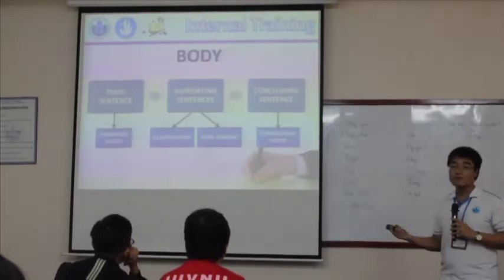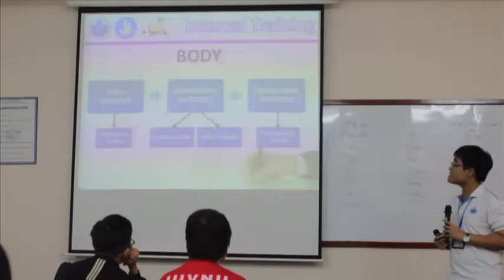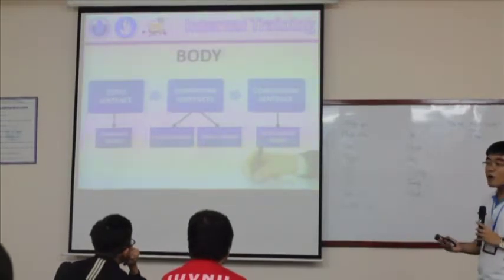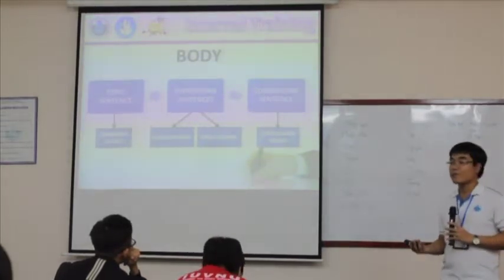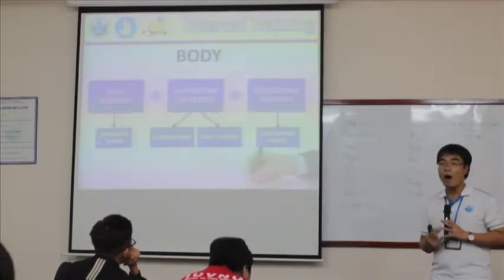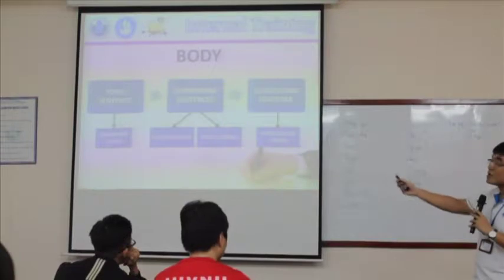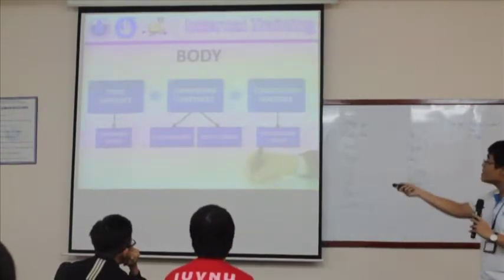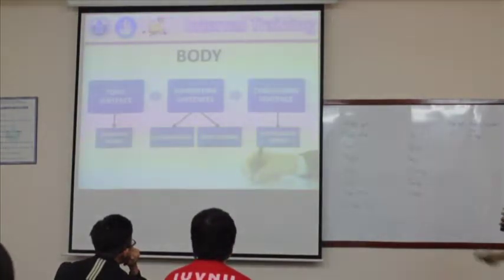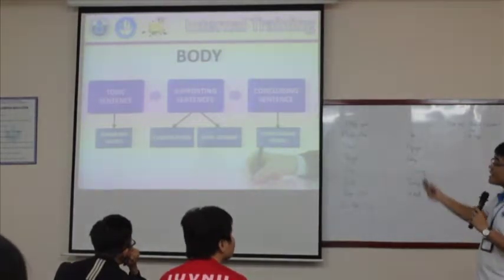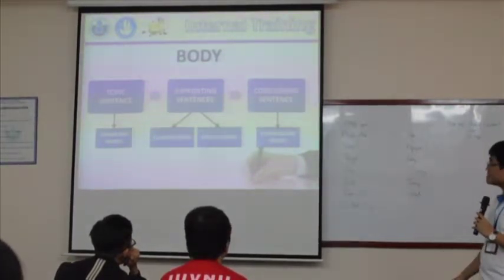And then I move on to talk about the body of the template. As I have mentioned before, in the rule of 3 in writing, we have 3 main ideas, 3 parts, 3 supporting ideas. But I haven't introduced to you the 3 types of sentences. So here they are. Some people say, why do we need these kinds of sentences?